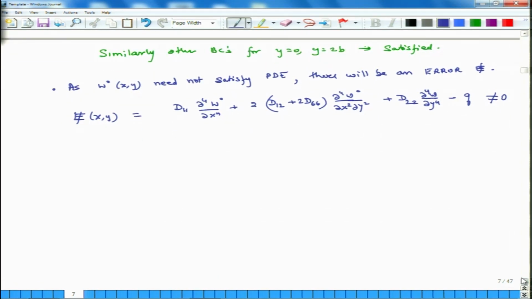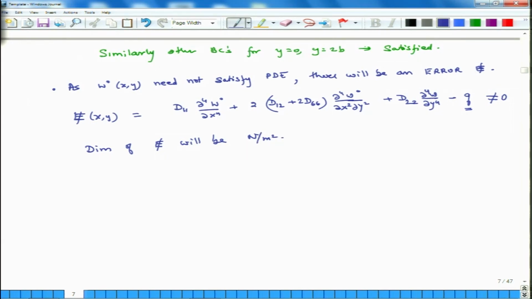Now, let us look at what this error means. This error has a term Q, and Q is the distributed force in the z direction. So, what is the dimension of this error? The dimension of the error will be same as the dimension of Q, newtons per meter square.